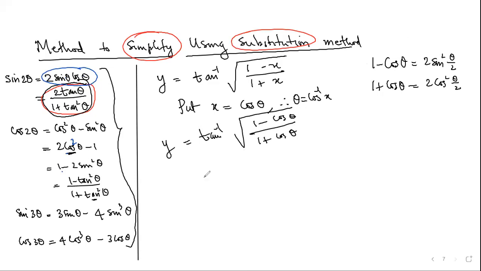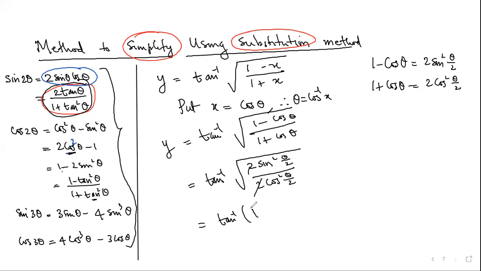So tan inverse of root of 2 sine square theta by 2 upon 2 cos square theta by 2. That is tan inverse of, 2 got cancelled, square and square root got cancelled, become tan theta by 2. That became theta by 2.